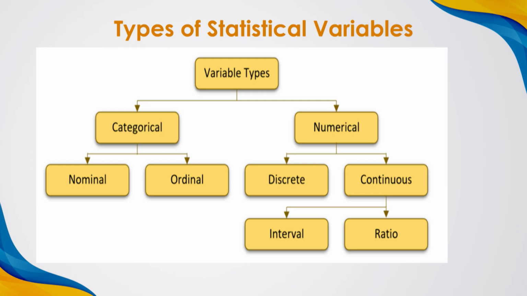Coming to the numeric variables, there are two categories again, discrete and continuous. Among the continuous, we have two categories, say interval scale and ratio scale. Most of the time in statistical analysis with the variables, we consider continuous scaled variables, which are named as interval scale and ratio scale.